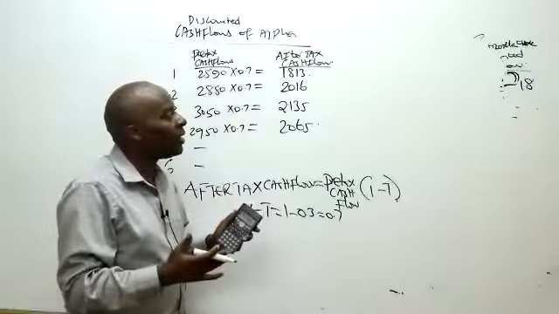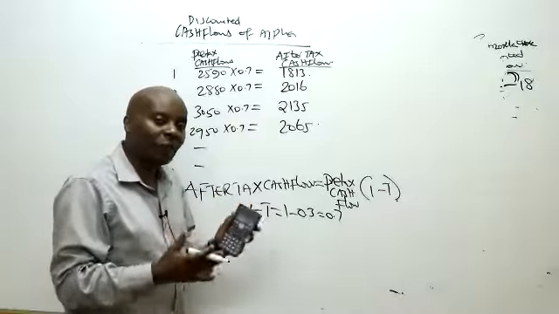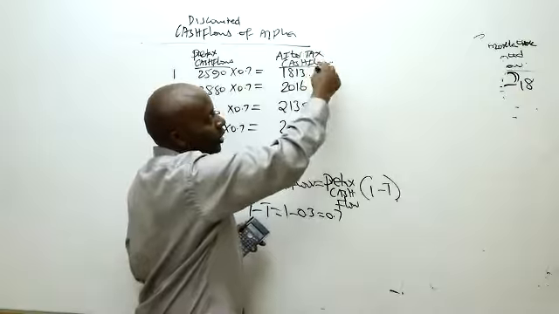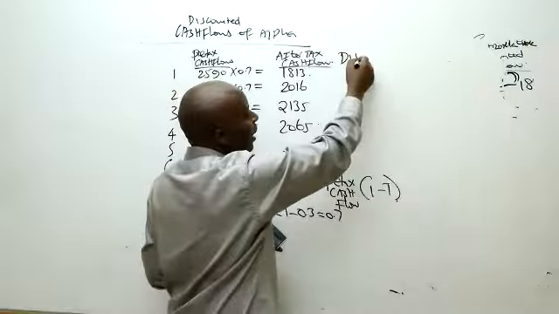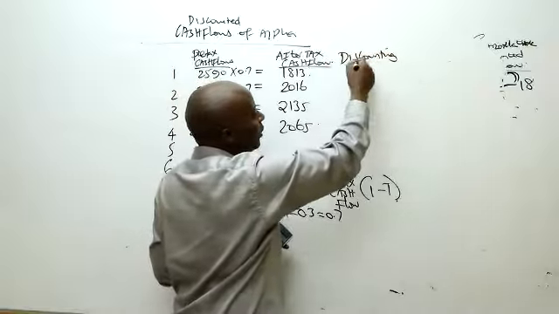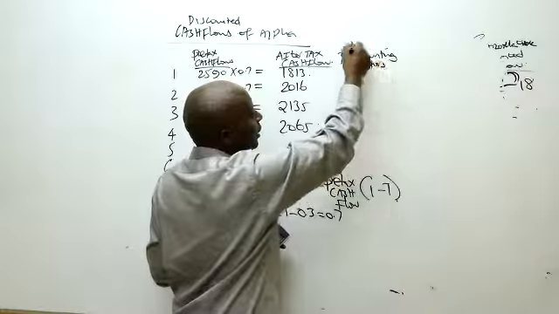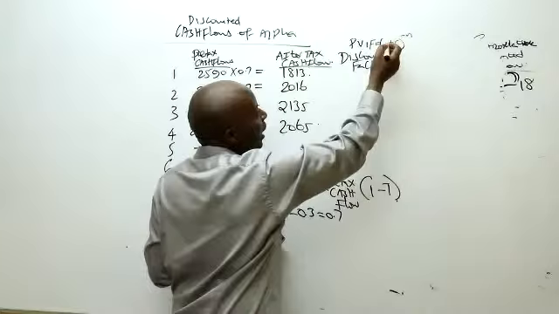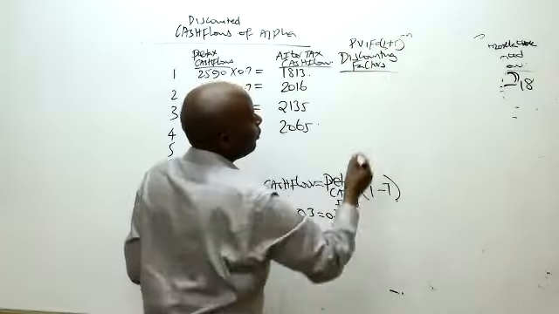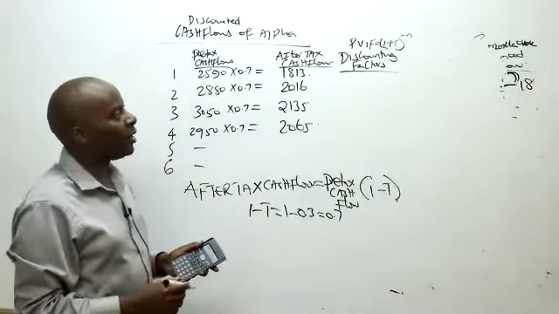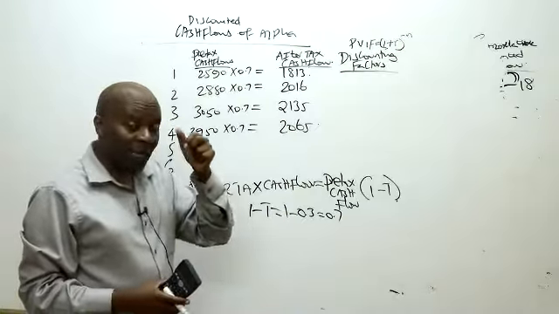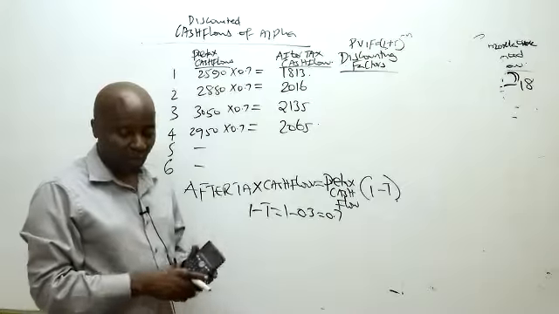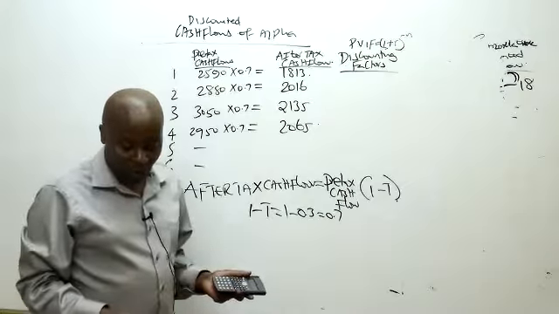Now, having gotten those after-tax cash flows, the next thing, because this examiner wants me to ascertain the discounted payback period, I need to look at the discounting factors. These are basically the PVs, the present value interest factor, which is 1 plus R raised to negative N. Have they given us the cost of capital?